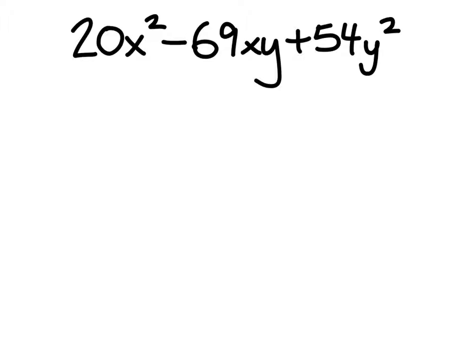So I'm looking at the a value, which is 20, and the b value, which is 54, and I need to multiply those. Actually, before I do that, I should just double check, okay? 20, 69, and 54 have no common factors that I can pull out. So there's not even any greatest common factors here, which kind of stinks. It would have been great if it would have simplified, but again, we can deal with big numbers.